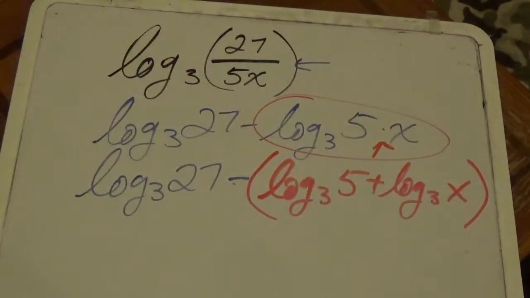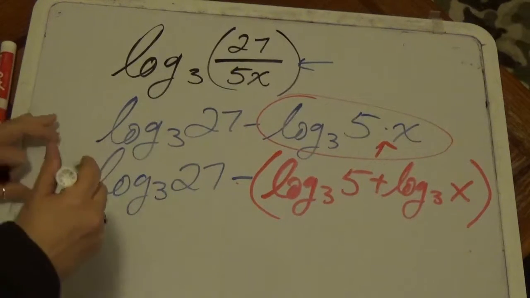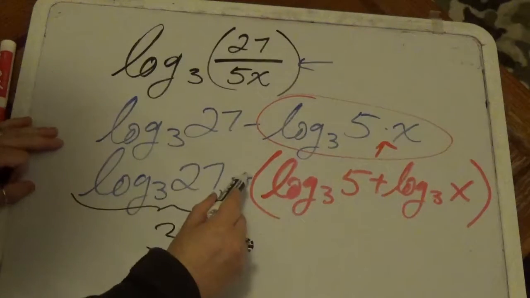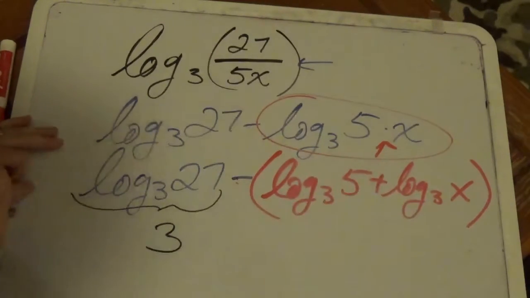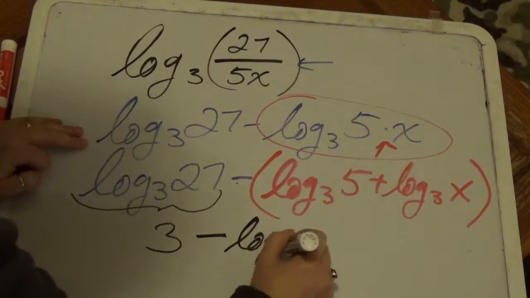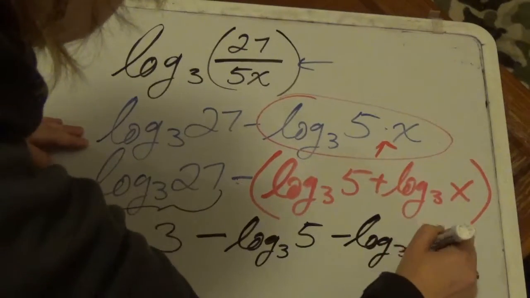So you have to put it in parentheses, okay? And then we also need to simplify or evaluate where we can, so we can kind of kill two birds with one stone with this next move. 3 cubed is 27. So this right here is just going to be 3. And then we can distribute this minus into both of those if we want to. So that would be 3 minus log base 3 of 5 minus log base 3 of x.